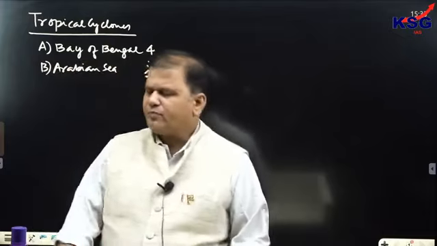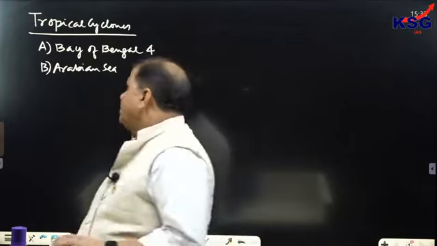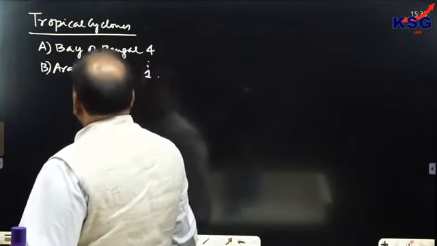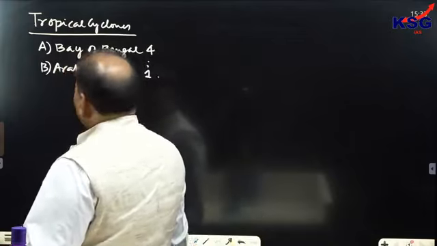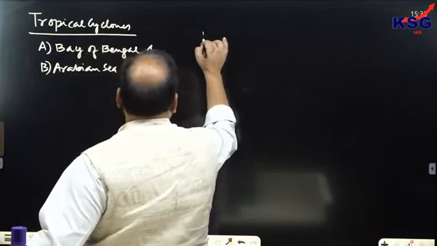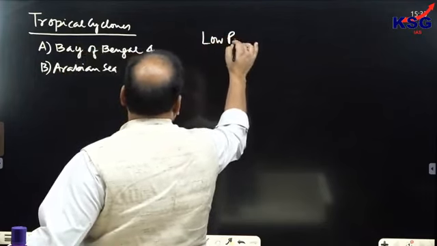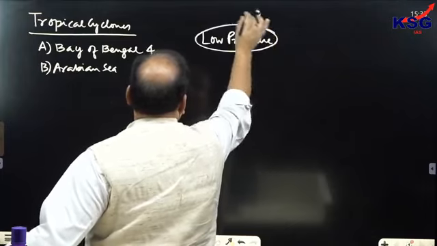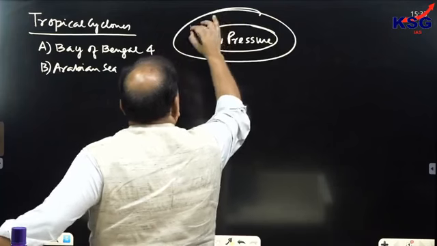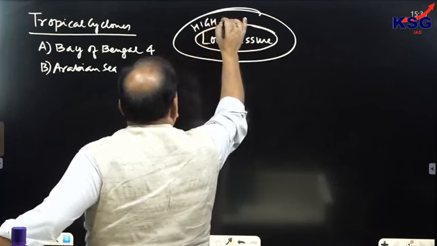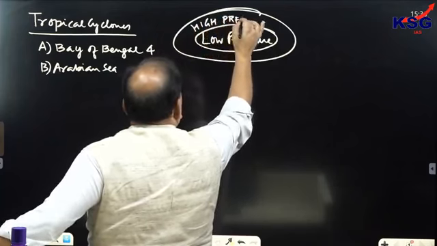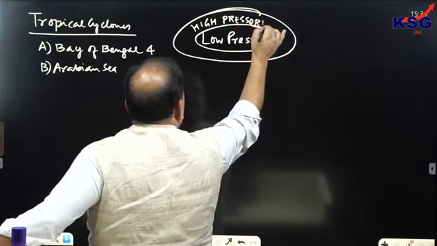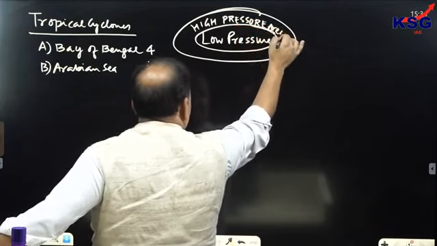Fine. But as far as a tropical cyclone is concerned, what is it? It's a low pressure area surrounded by a high pressure area. But the condition is there.